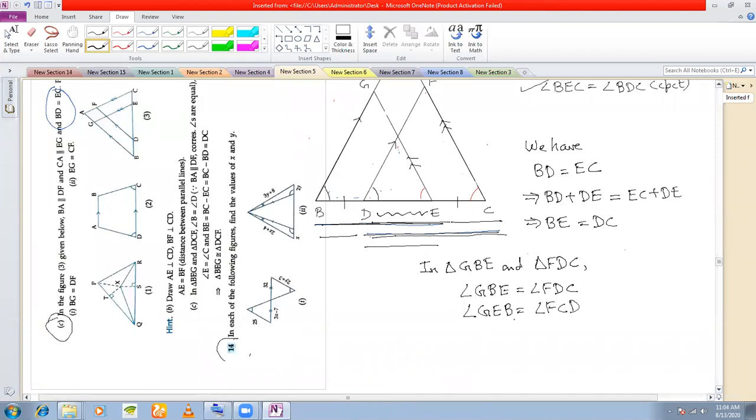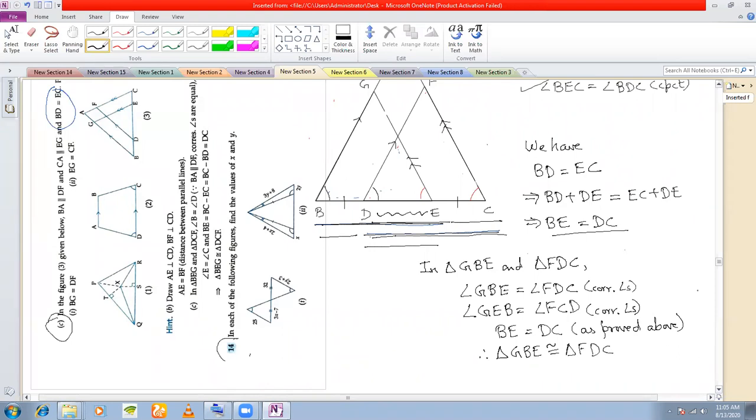Both of which are corresponding angles. They are equal because they are corresponding angles. And also I have proved that BE is equal to DC. So BE is equal to DC as proved above. Therefore, triangle GBE is congruent to triangle FDC.